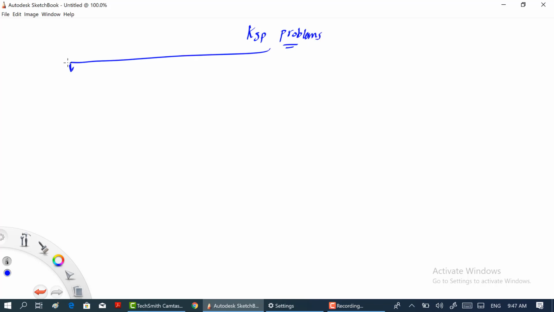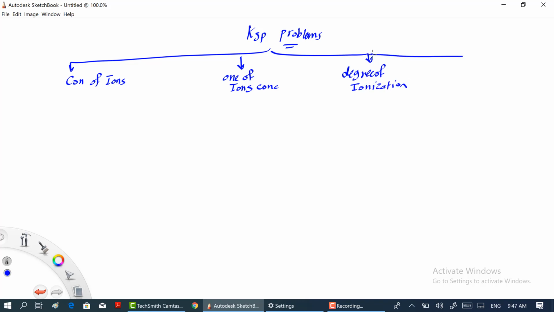The idea of the problem in the Ksp may be giving you the concentration of ions, one of the ion concentrations, the degree of ionization, or the value of the Ksp.